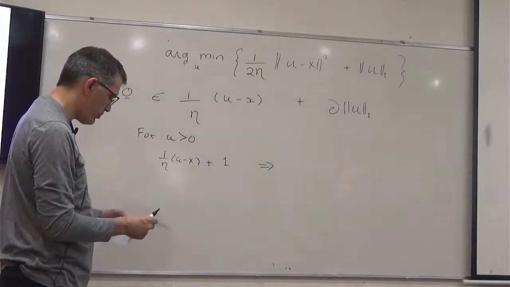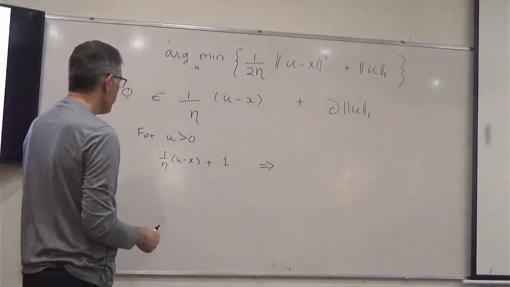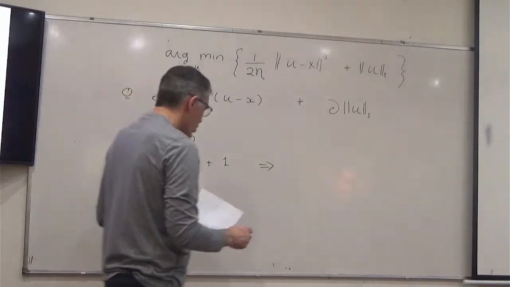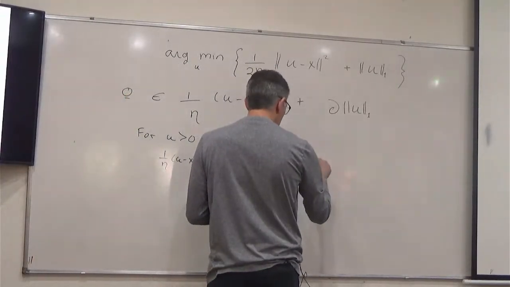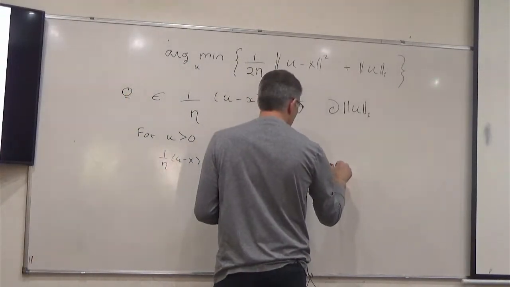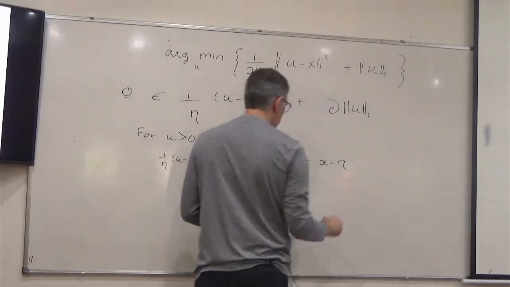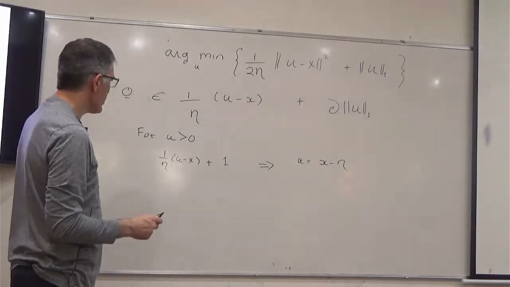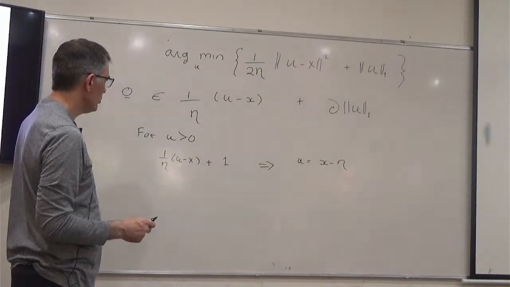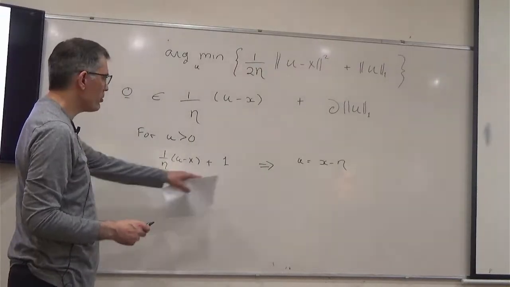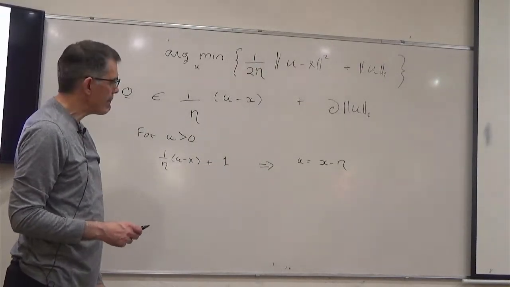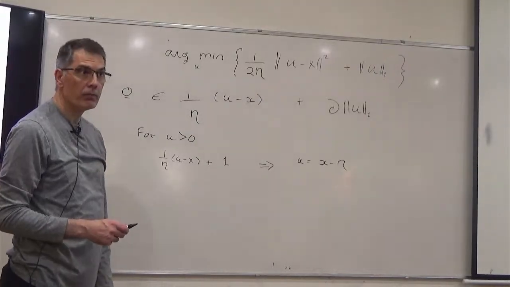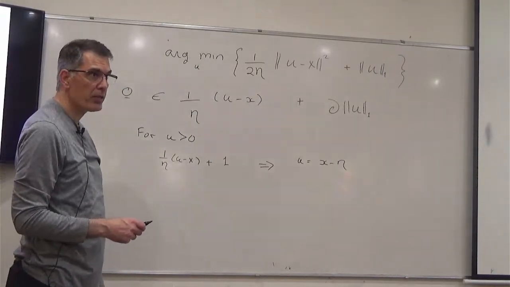So that's going to give me an equation that u should be equal to x minus eta. So I set this equal to 0, and I solve, just like I would for a standard problem.